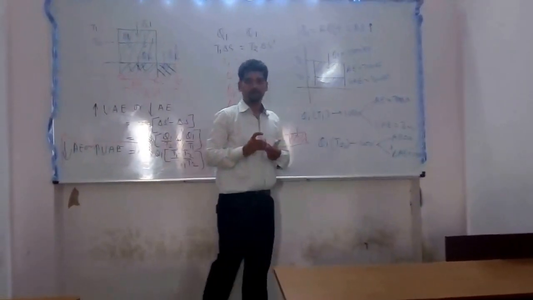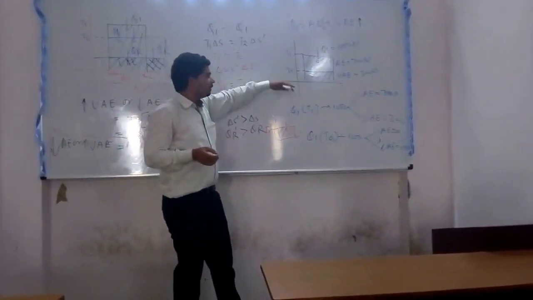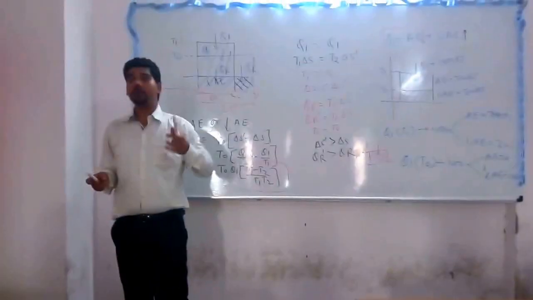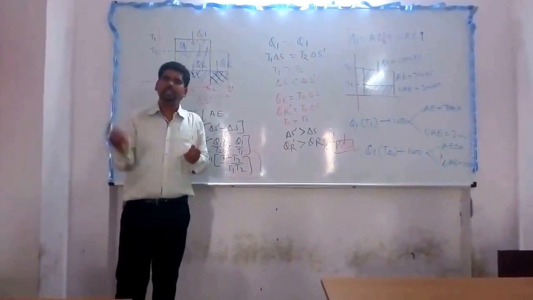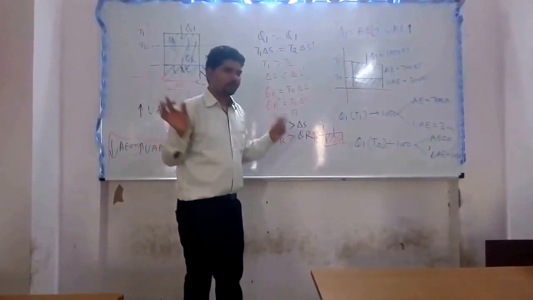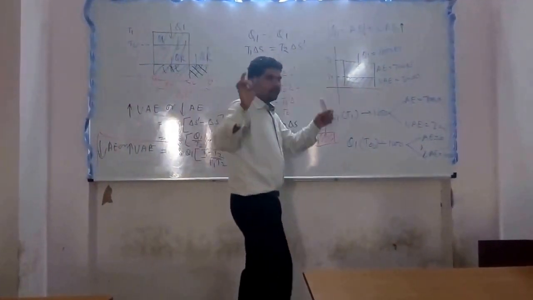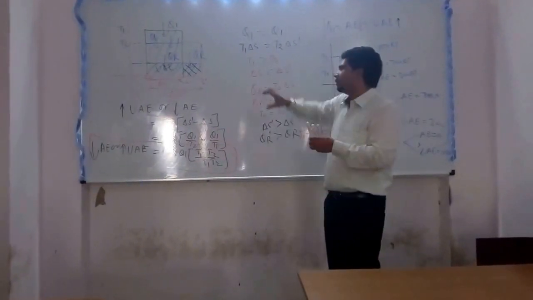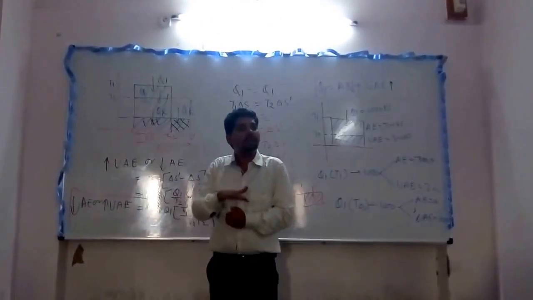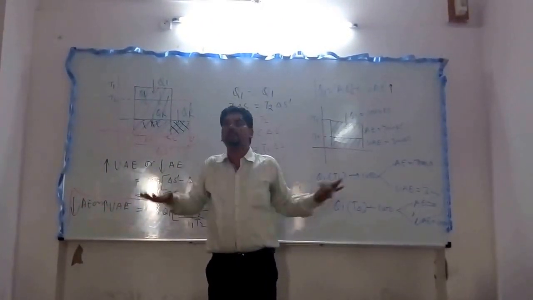Look, according to the first law of thermodynamics, the heat transferred by the system is equal to the heat gained by the surroundings. Whatever heat we supply at higher temperature and whatever heat we supply at lower temperature have the same significance.